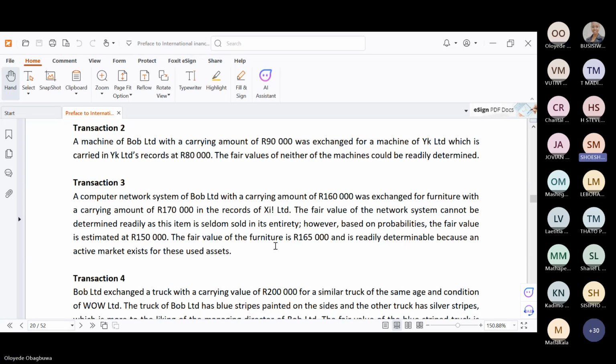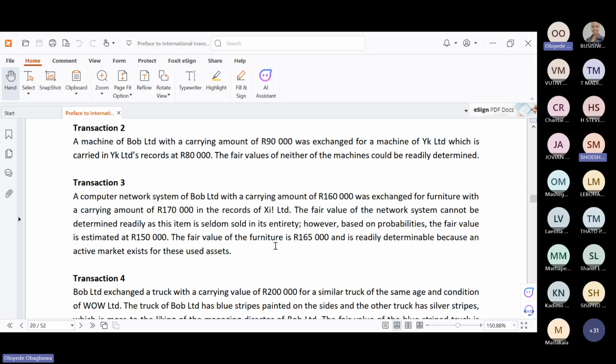Transaction 3. A computer network system of Bob Limited with a carrying amount of 160,000 was exchanged for furniture with a carrying amount of 170,000 in the records of Z Limited. Now, the fair value of the network system cannot be determined readily, as this item is seldom sold in its entirety.